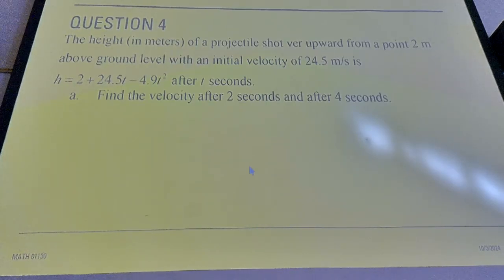The height of a projectile shot vertically upward from a point 2 meters above ground level with an initial velocity of 24.5 meters per second is given by 2 plus 24.5t minus 4.9t squared, t being measured in seconds. Two things here. One, the fact that it's being shot vertically is important.